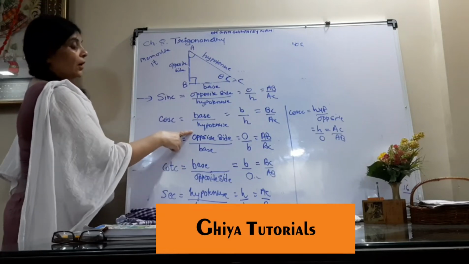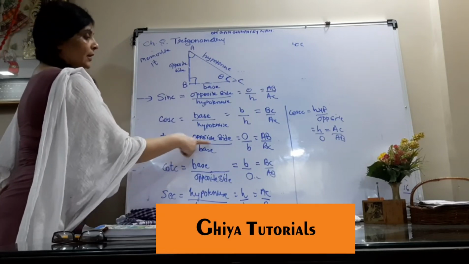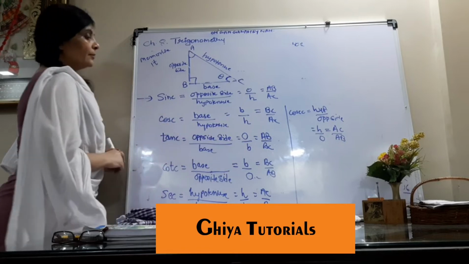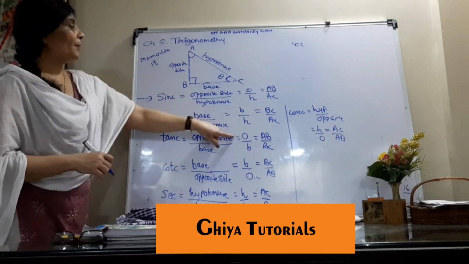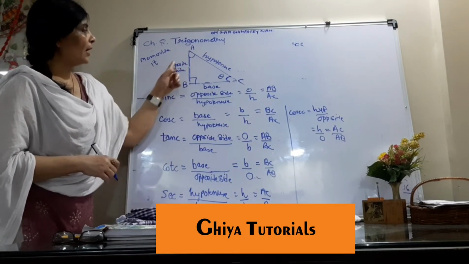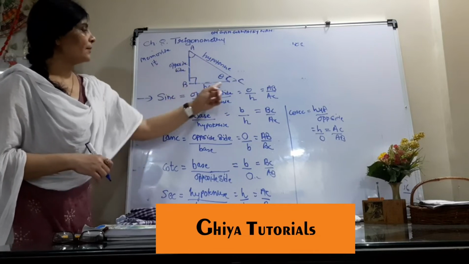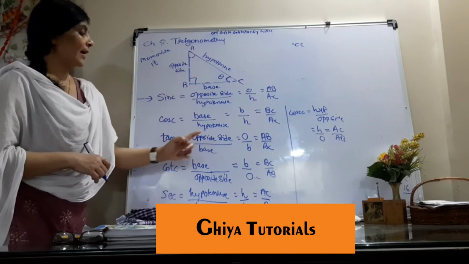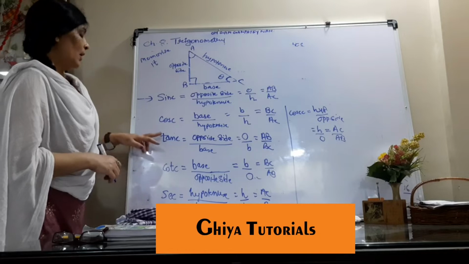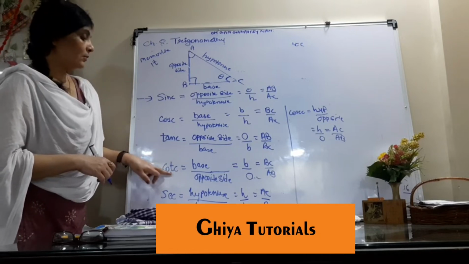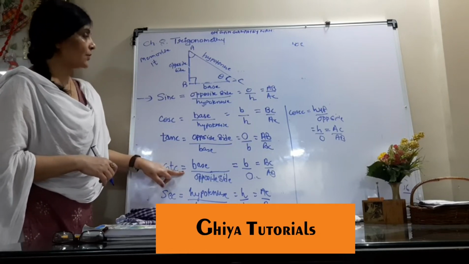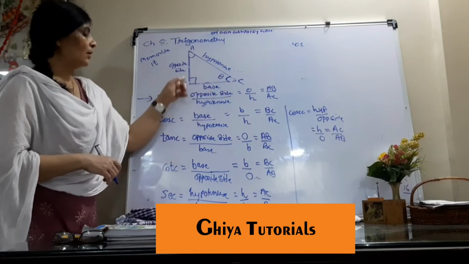Tan C is opposite upon base, that is O by B. The opposite side is AB, the base is BC, so opposite side upon base. Cot C equals base upon opposite side.